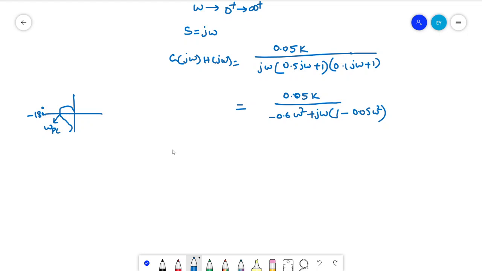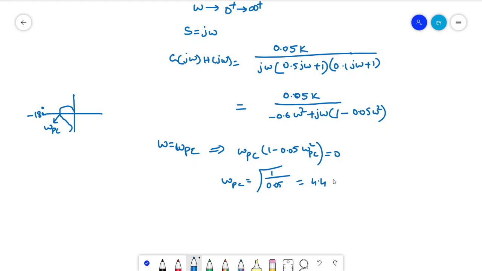So omega equal to omega pc implies equate the imaginary part to 0, and omega pc into 1 minus 0.05 omega pc square is equal to 0. Compute omega pc equal to root of 1 by 0.05, that will be equal to 4.472 radians per second.